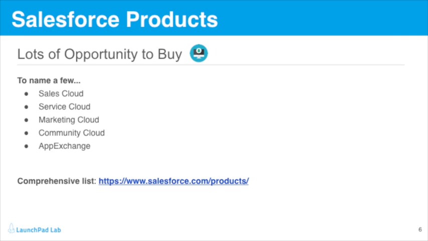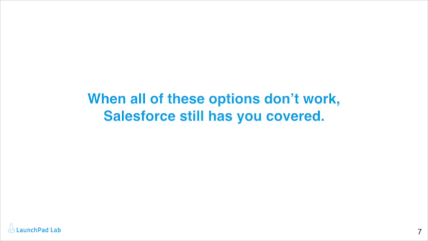So I definitely encourage you to check out the products that Salesforce has just to be familiar, especially if you're trying to debate building versus buying, because there oftentimes are solutions that already exist that can fit your needs. And so you want to start by looking there.